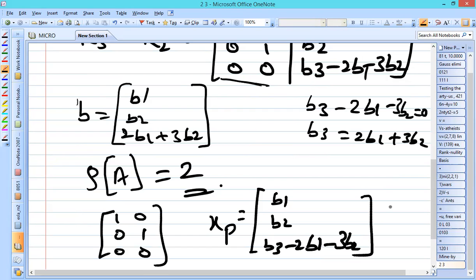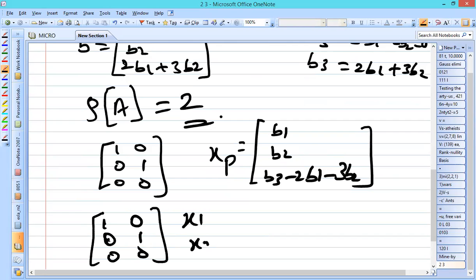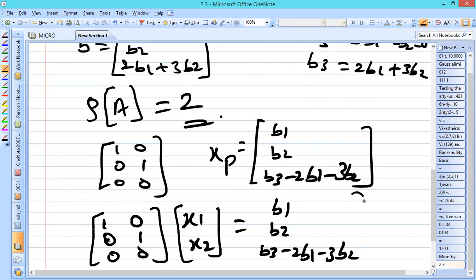So we have the equations 1 0, 0 1, 0 0, multiplied with the variables x1 and x2, which is equal to b1, b2, b3 minus 2b1 minus 3b2.